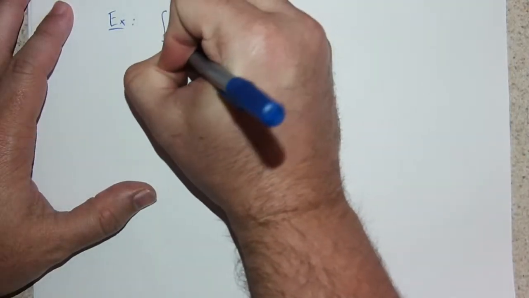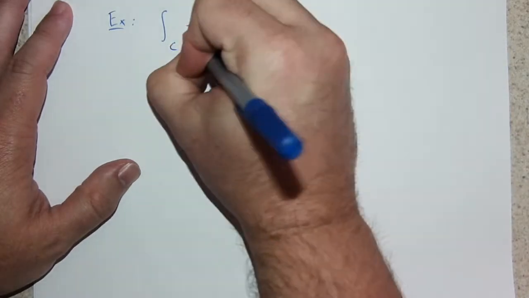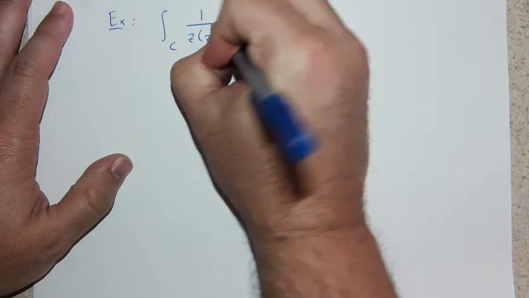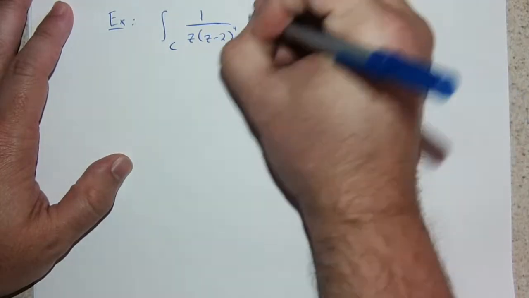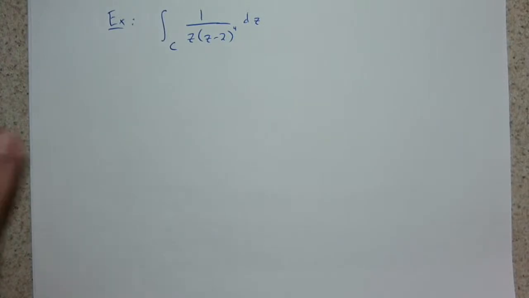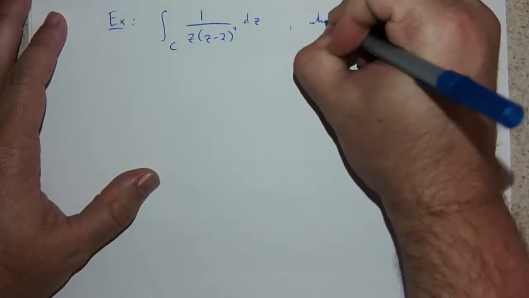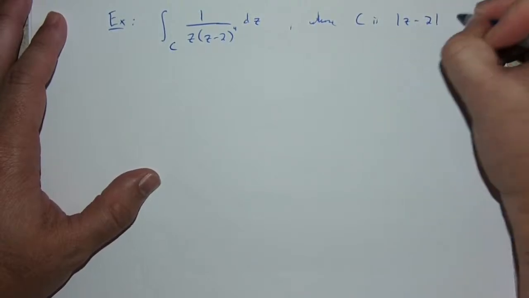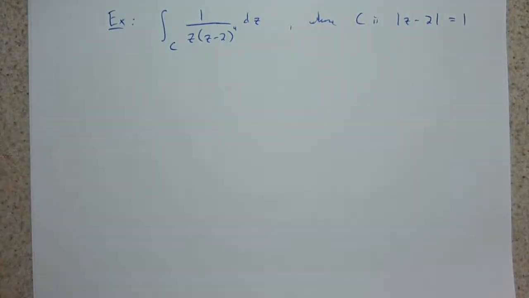Let's compute the contour integral of 1 over z times (z minus 2) to the 4th dz, where C is the positively oriented circle centered at 2 of radius 1.